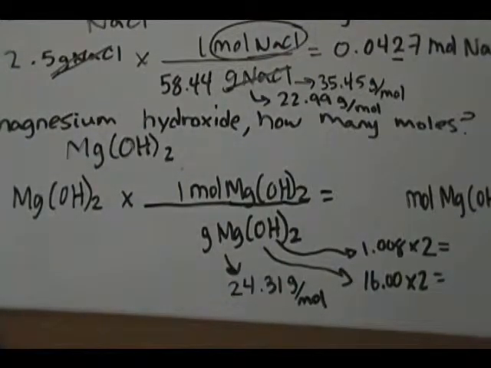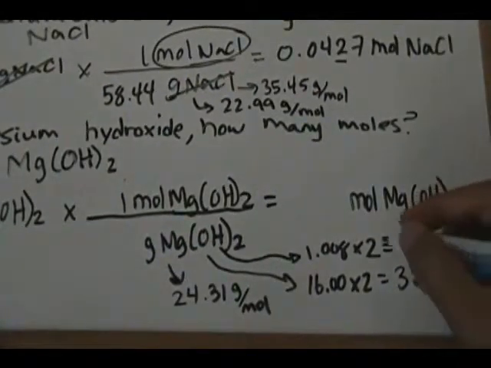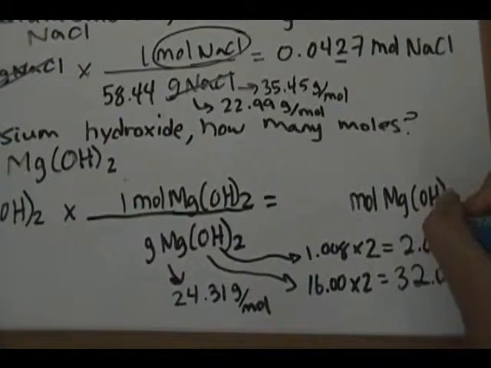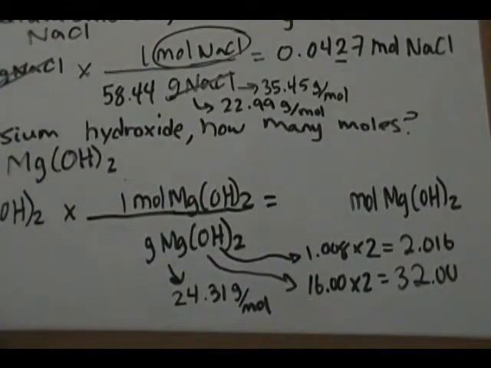So let's do this quick little calculation here. It'll be 24.31 plus 32 for the oxygen, plus 1.008 times 2. The oxygen comes out to 32.00, and the hydrogen comes out to 2.016. Yeah, that looks right. And then sum all these numbers together.